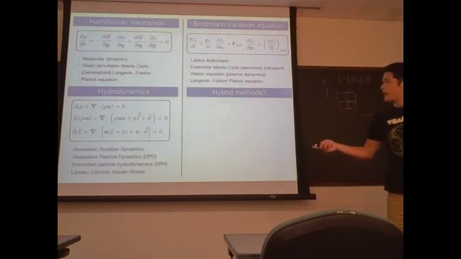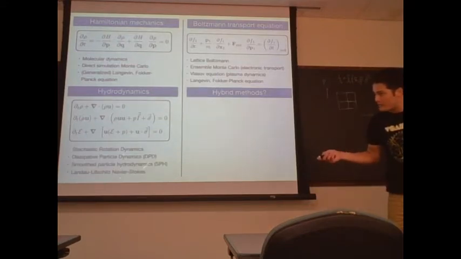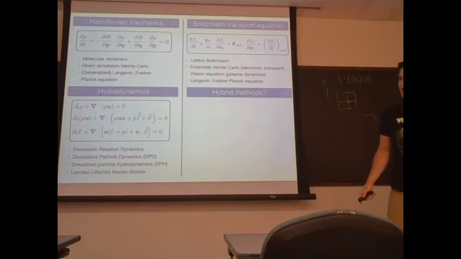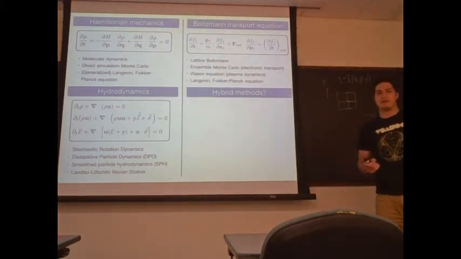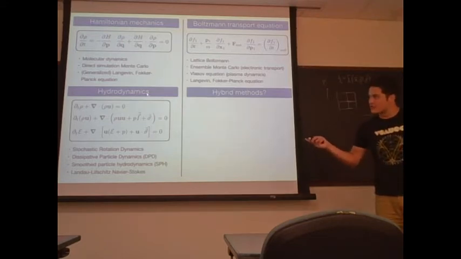Okay. Hydrodynamics. There are all these methods, and this is just a bunch of jargon. What I will say is that any simulation method that in principle could conserve mass, momentum, and energy locally in space will pretty much give you the hydrodynamic equations on average. All these methods kind of do that, not necessarily dissipative particle dynamics, but I guess sometimes.